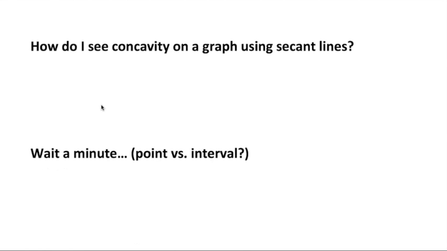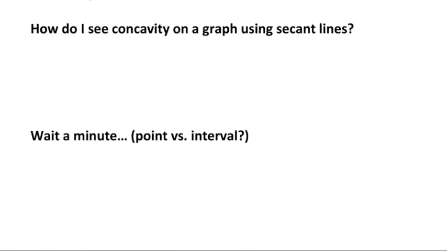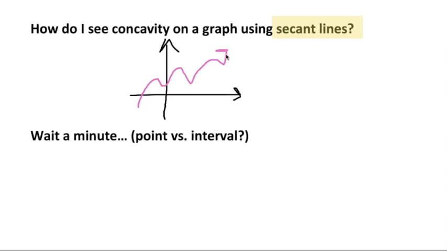Now, how do I see concavity on a graph using secant lines? Remember, a secant line is a line between 2 points, where a tangent line is a line at a single point. So the way to look at that is to remember that you're looking here over an interval. When I have the graph of my function, y equals f of x, if I draw a secant line and the graph is above the secant line, then I can say that the function is concave up on the whole interval.